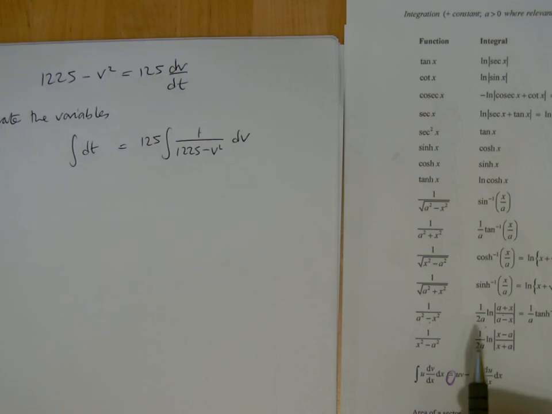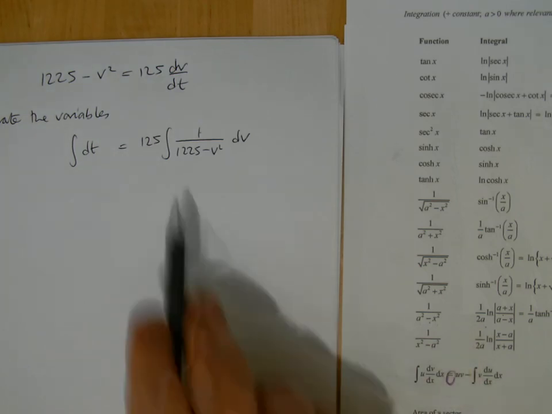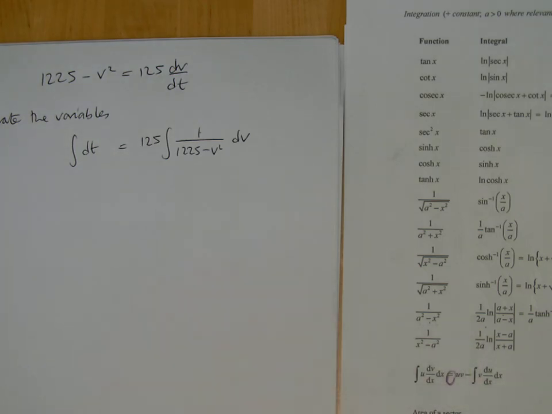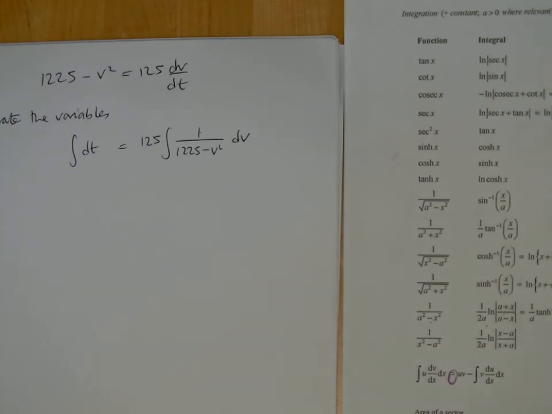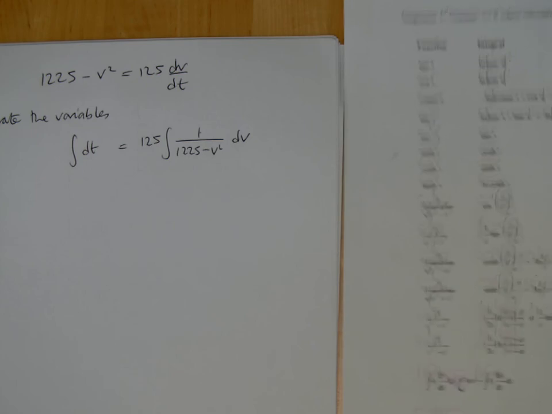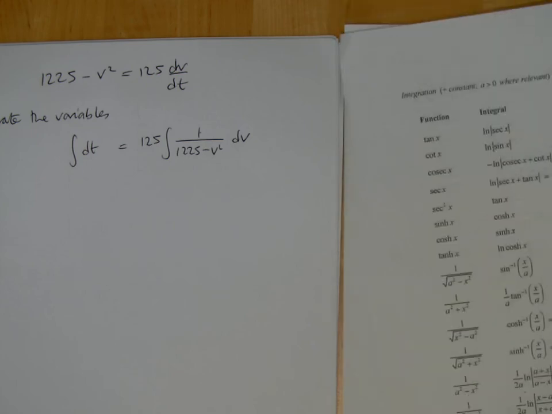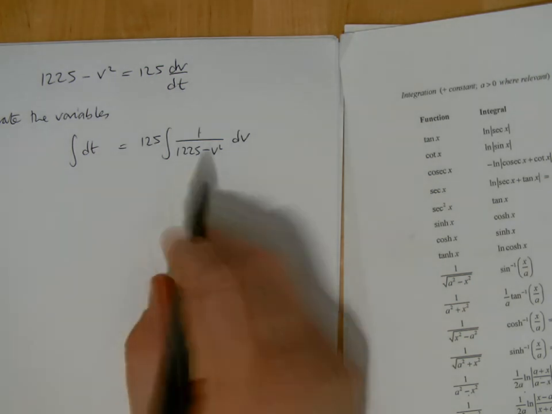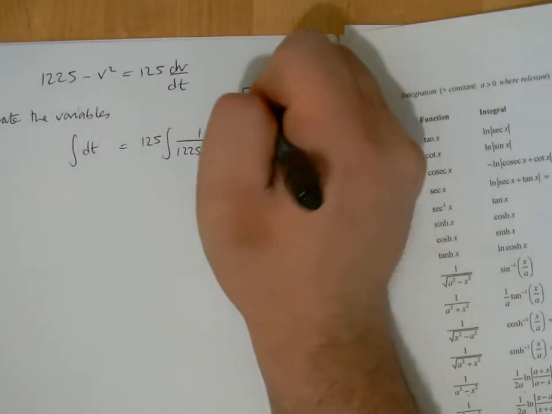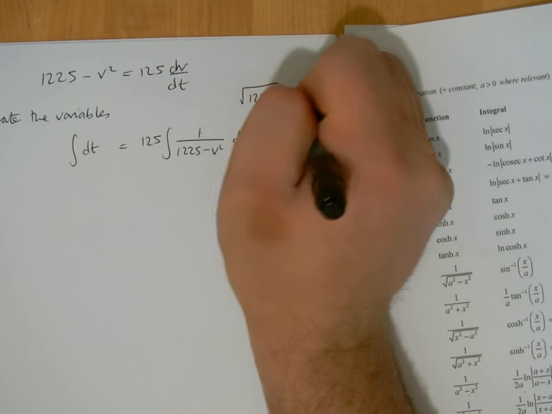The question is, what is 1225? You're squaring something to get 1225, and that will be quite simply 35. 35 squared is 1225, so you can just check, the square root of 1225 is 35.